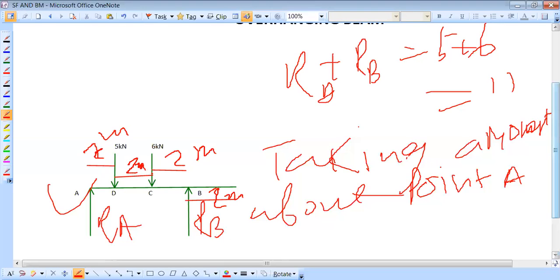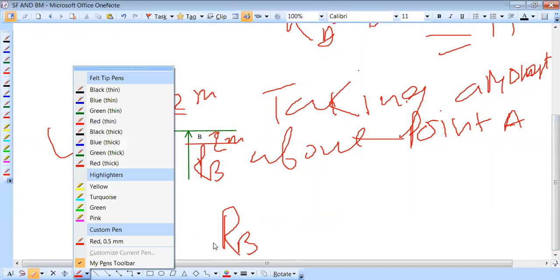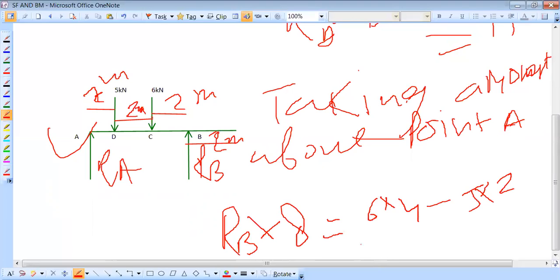Then take the moment about point B. RB into 2 plus 2 plus 2 plus 2, that means 8, is equal to 6 into 4 minus 5 into 2, which is 24 minus 10, equal to 14.